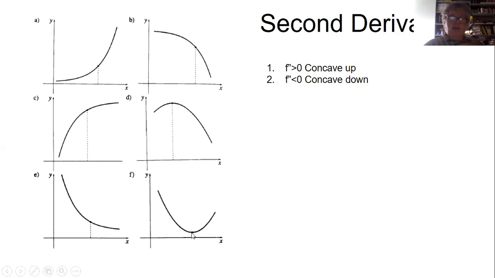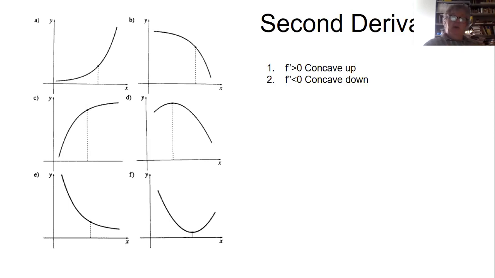And here, the first derivative is 0, and the second derivative is positive. So you can have any combination of f prime and f double prime being negative or positive. Just because one is positive doesn't make the other positive. Remember, the derivative being positive just means it's increasing.